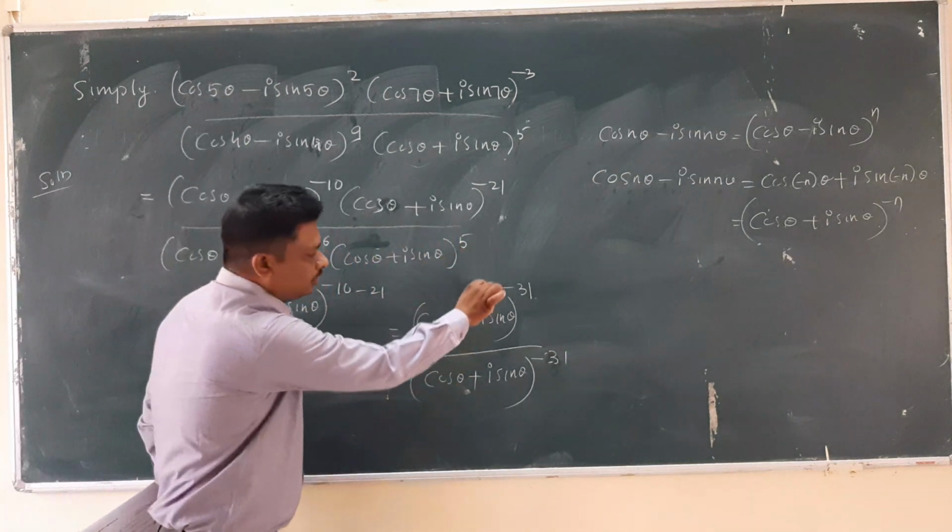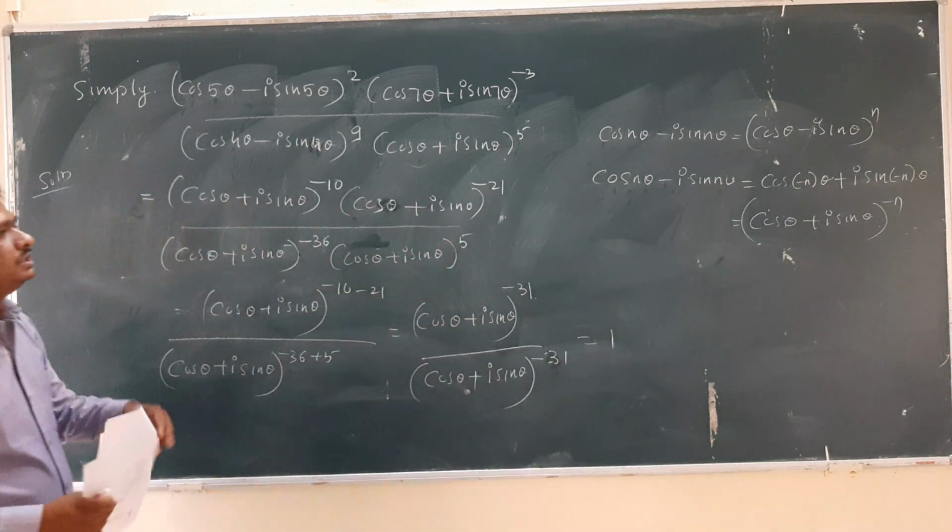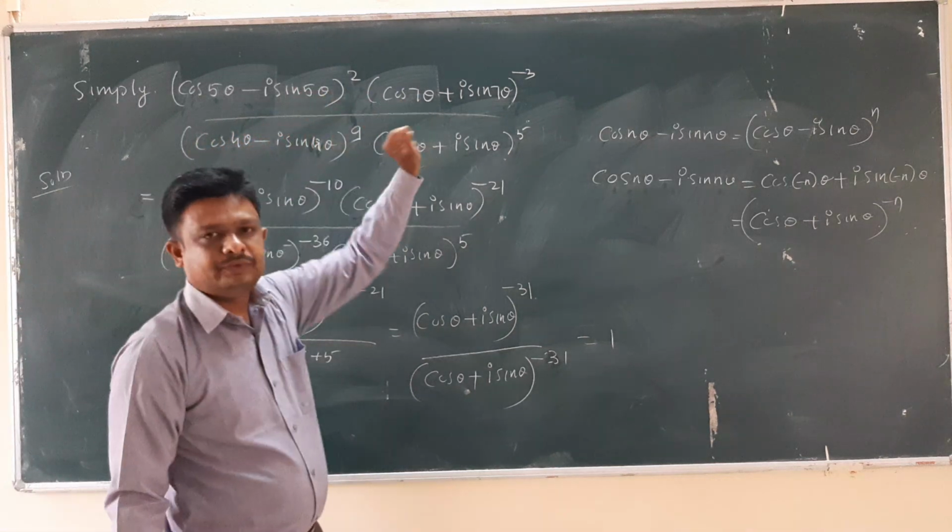Here both get cancelled, so at the end we get 1. This is the simplification of this function.